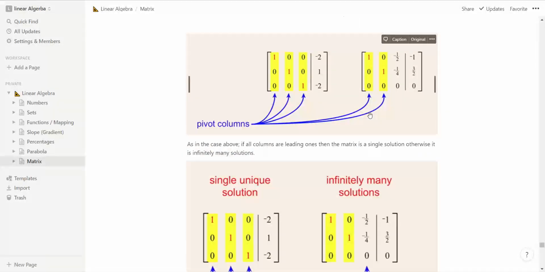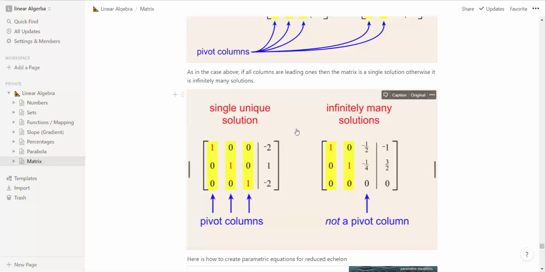So knowing the number of solutions from the matrix is quite straightforward. If you have a matrix like this where you have a leading one in all of the rows, then you would simply have a single solution. Otherwise, if you have an all zeros row, then you would have infinitely many solutions.